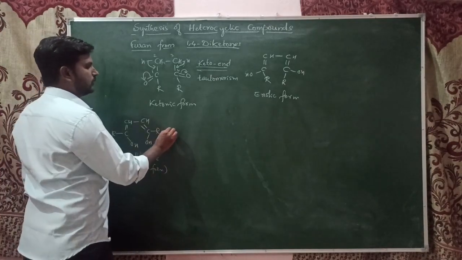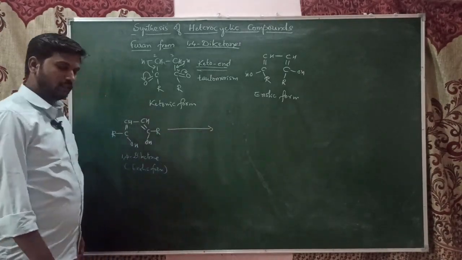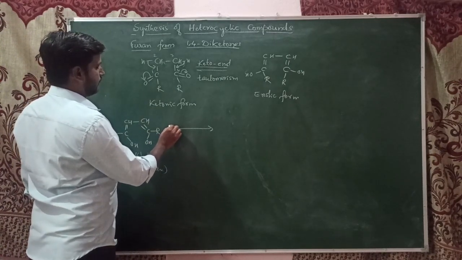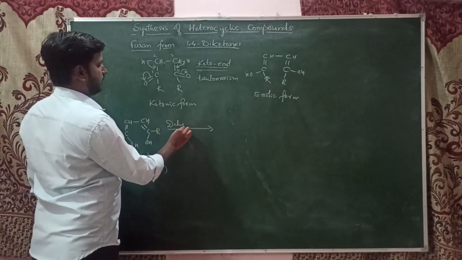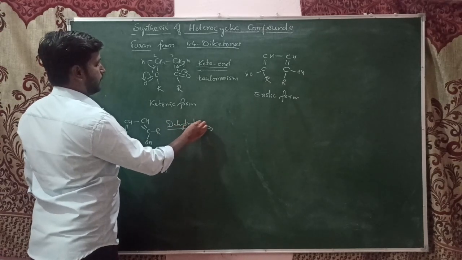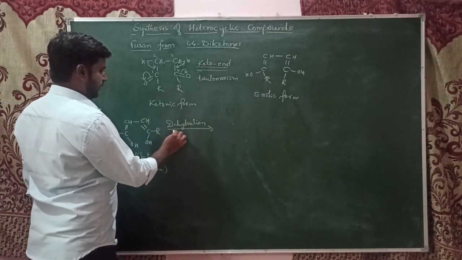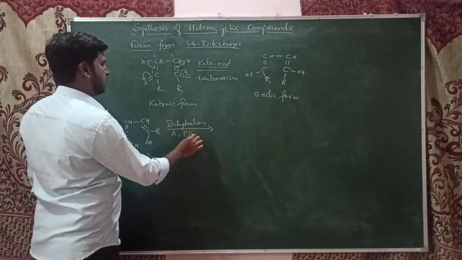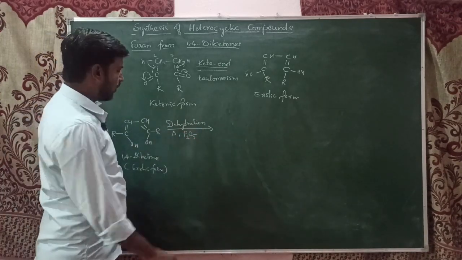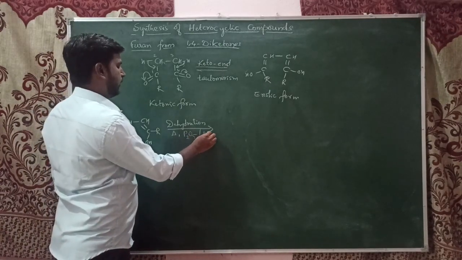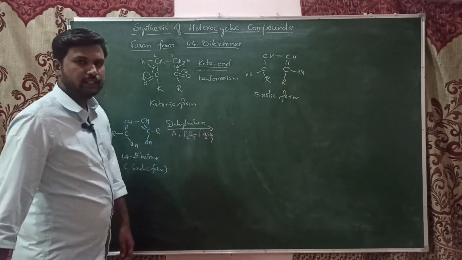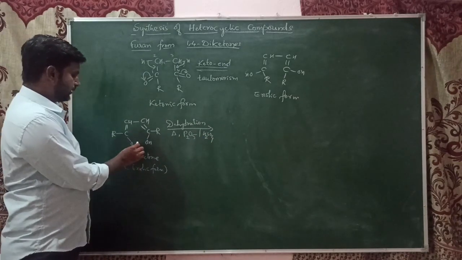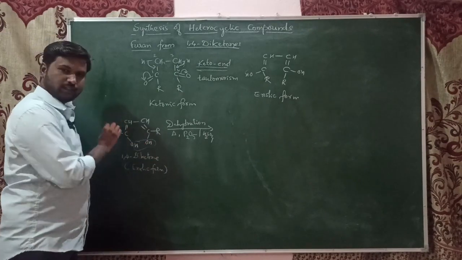Which usually undergoes dehydration. Dehydration by heating in presence of phosphorus pentoxide or concentrated sulfuric acid. Here a water molecule will be released, so one of the H and OH will be released.